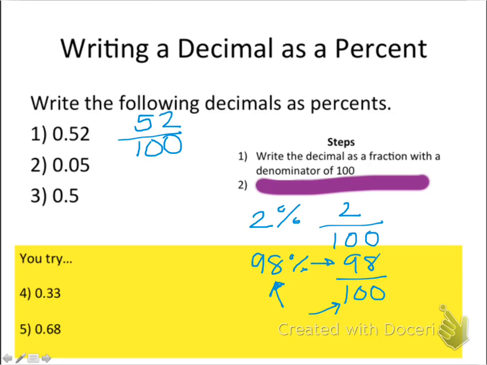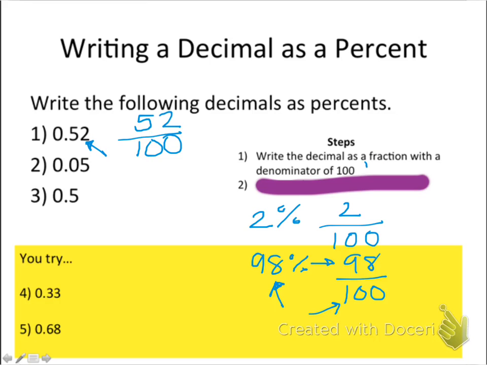How I know this is because we would say this as 52 hundredths. So because it's 52 hundredths, that written as a fraction is 52 out of 100. Hopefully just try and remember how you would say it as if you're saying it in words, and then use that to write it as a fraction.